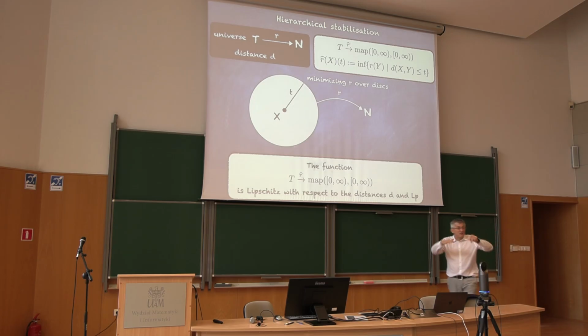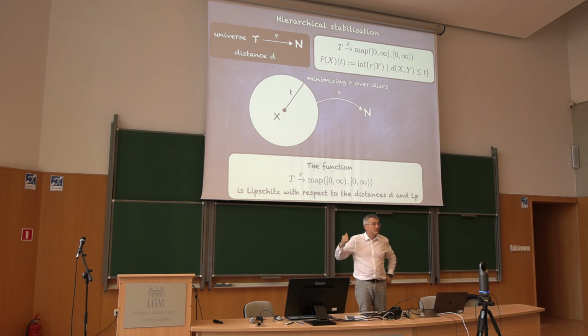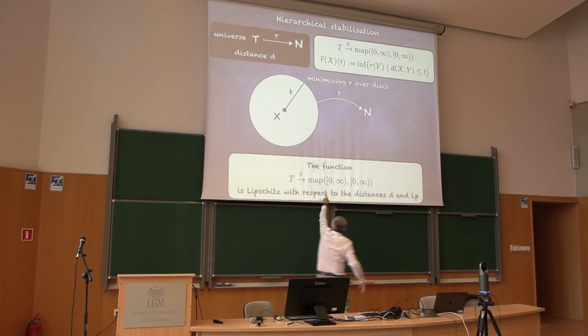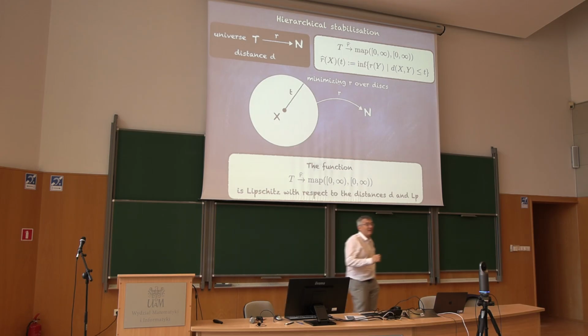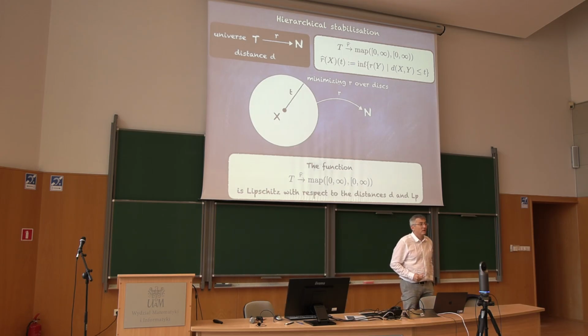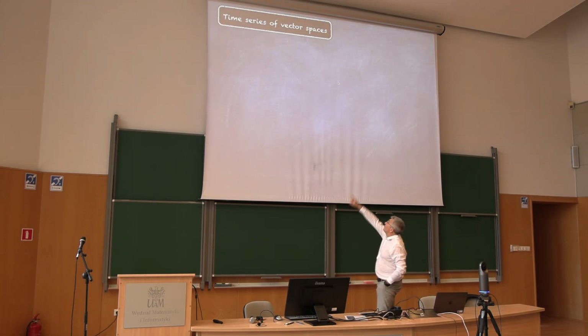Each distance will tell me what is the global geometry of this unknown universe. And according to that geometry, we have the shadows of these objects. Each distance gives you a window and some information, and that function will give you some information about the geometry of how that point is embedded with respect to that chosen distance. All right. So our unknown universe is this time series of vector spaces.